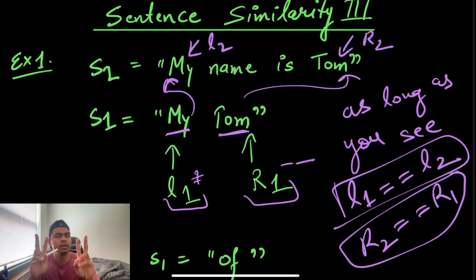Basically we're going to do it in two passes. First one for L2 and L1, so we keep moving forward, and then in the second pass we do it for the back.